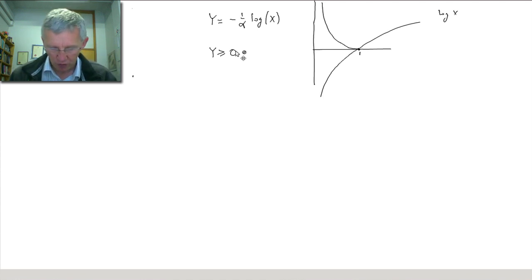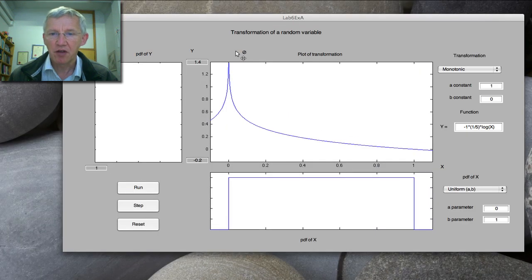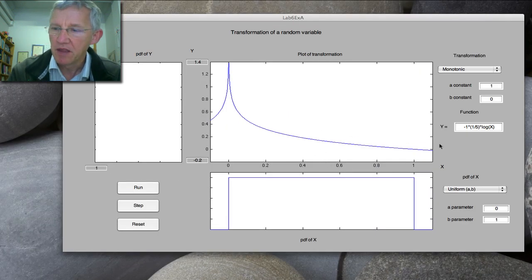Now let's just have a look at that in the setting that I suggested you do it in. Here I've got a graph of minus 1 over alpha, where alpha has been set to be 5, times the logarithm of x. It goes up towards infinity at x equal to 0.